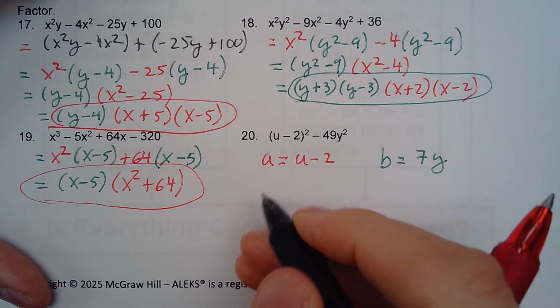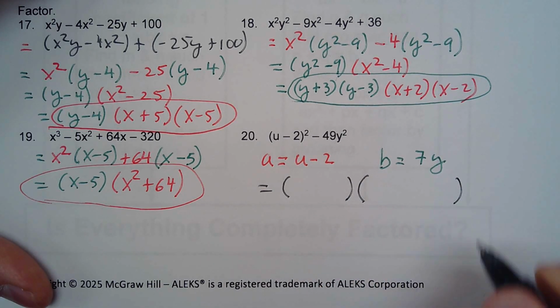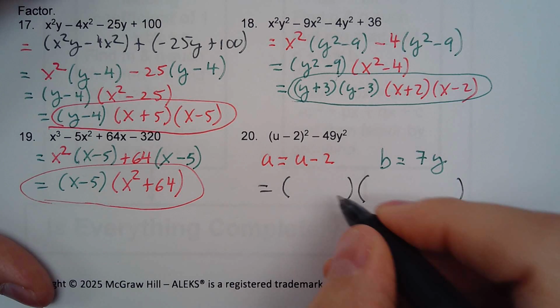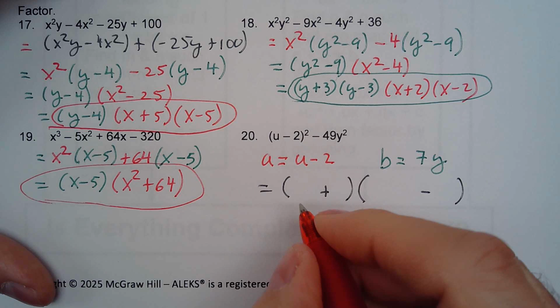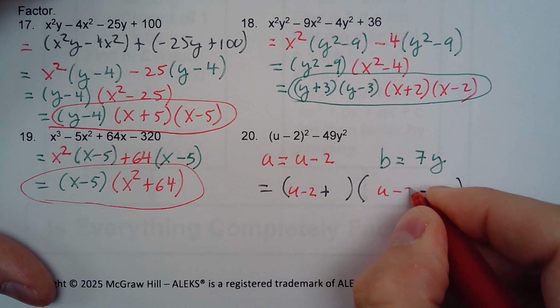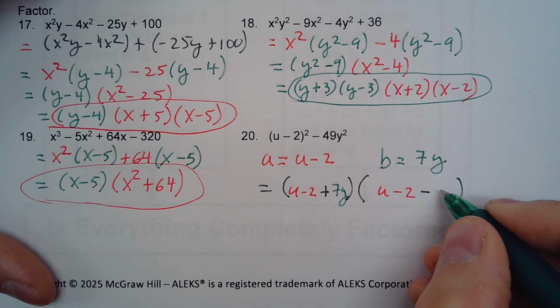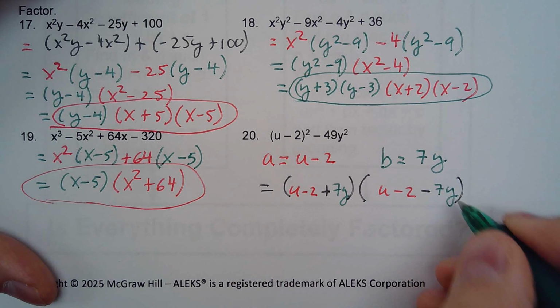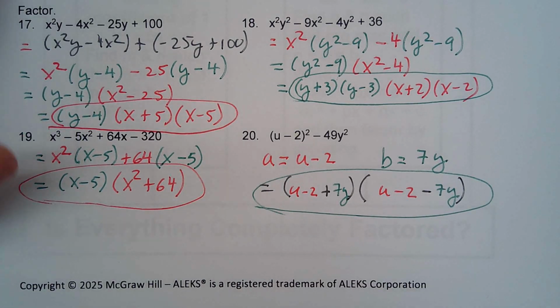So when I'm doing my factorization, I'm going to have this u minus 2 plus 7y, and then u minus 2 minus 7y. Then that will be my factorization.